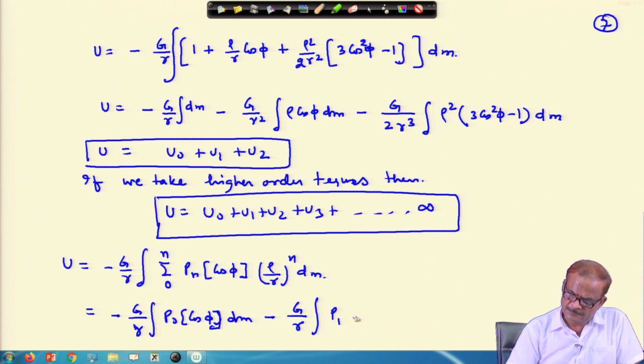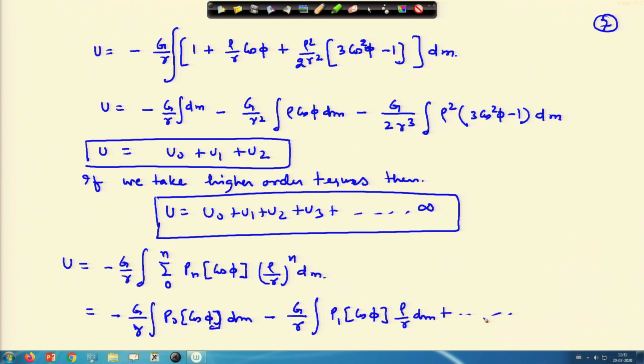So, this is p 1 cos phi rho by r dm and plus so on. Immediately you can see that this term corresponds to u 0, this term corresponds to u 1, and similarly the next term will correspond to u 2 and so on. So, these two are the same, and this is the way it is expanded.